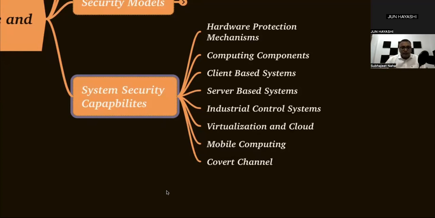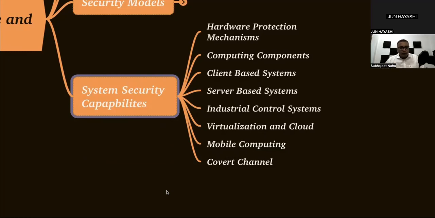Firstly, you have to understand how hardware systems try to protect themselves. Then the computing components, RAM, SDRAM, how security is built around memory, how client-based systems, that are endpoints, engineer security, how server-based systems engineer security, what kinds of industrial control systems there are, and what the problems with industrial control systems are and how to protect them.